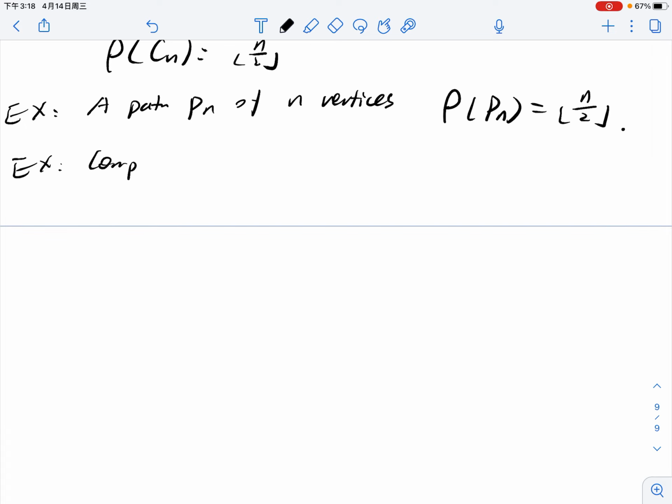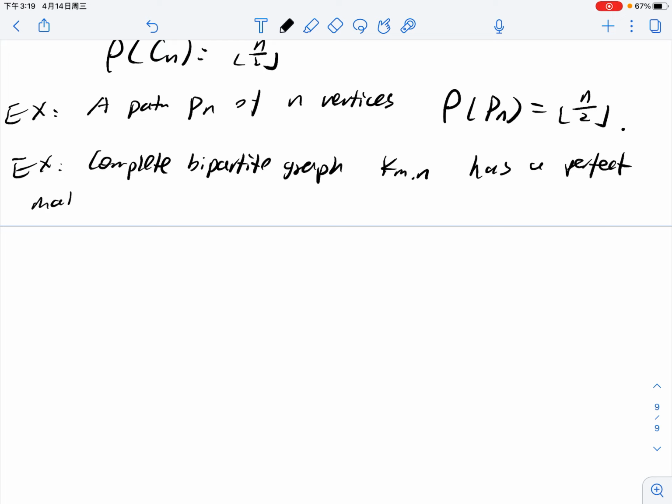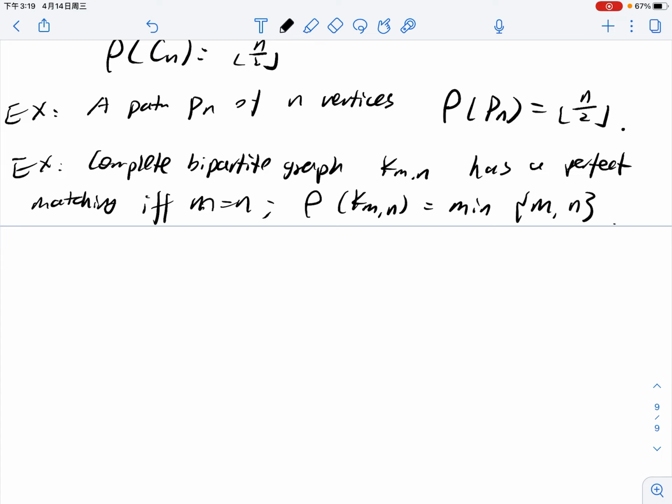And for a complete bipartite graph KMN, with m vertices on the left and n vertices on the right, it has a perfect matching if and only if m equals n. And in general, the matching number is the minimum of m and n.